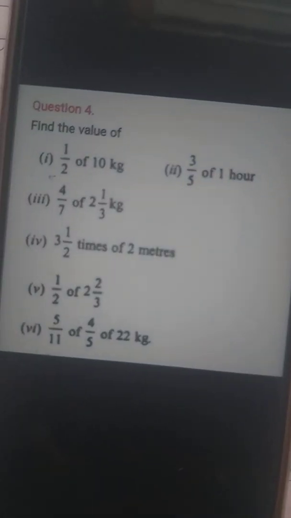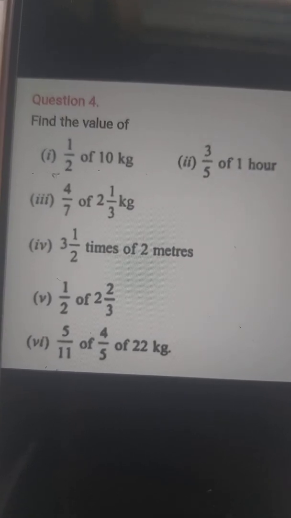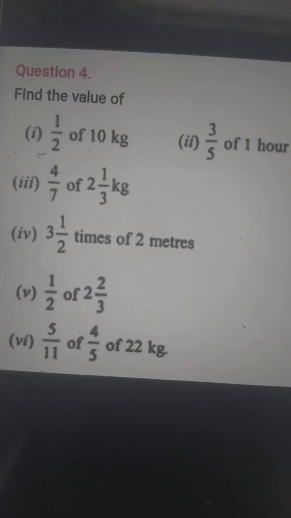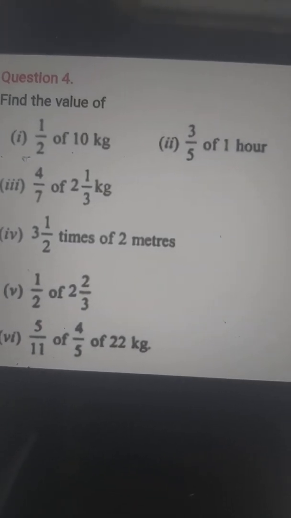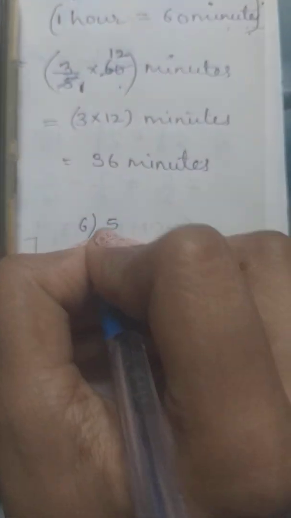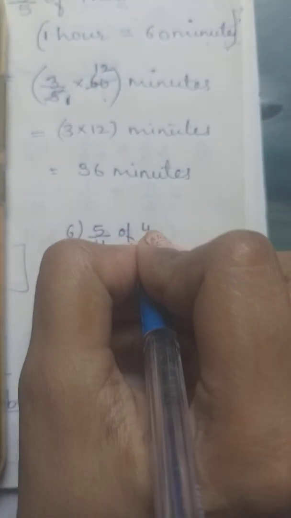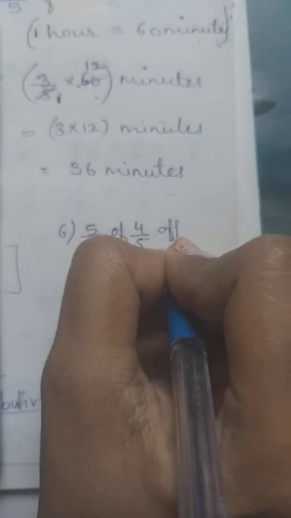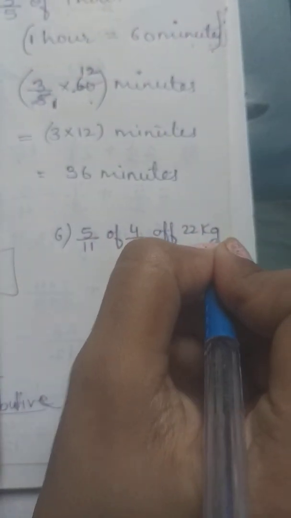We'll try to solve the last one. When 3 different fractions are given, that is 5 by 11 of 4 by 5 of 22 kg, we have to see all 3 fractions and multiply. Of means multiply. We have to multiply all the 3 fractions. Firstly, I'll write the question: 5 by 11 of 4 by 5 of 22 kg.